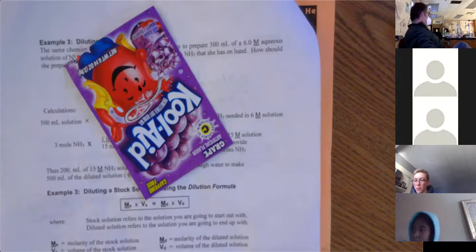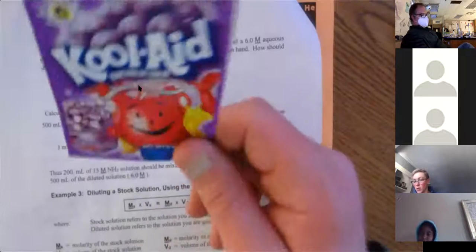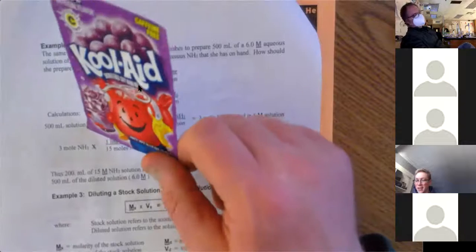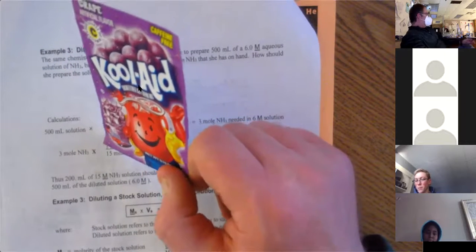I have to pay for their stuff. So water, they're using their water, and we all know how expensive water is. The container it comes in.